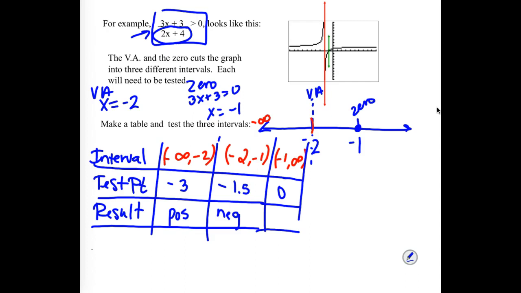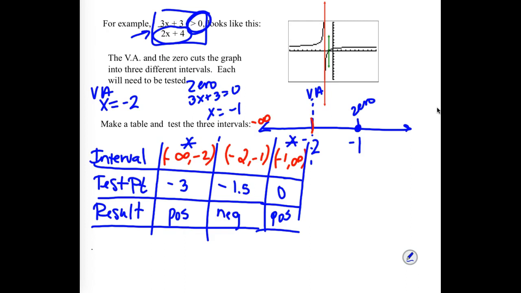Okay. If we dump in a 0, what do we end up with? 3/4, so a positive answer. All right. And the question asked us, where are we strictly positive, right? So we are positive in this interval, and we are positive in this interval.